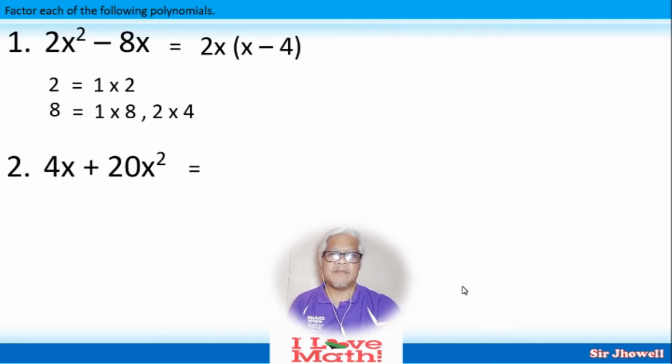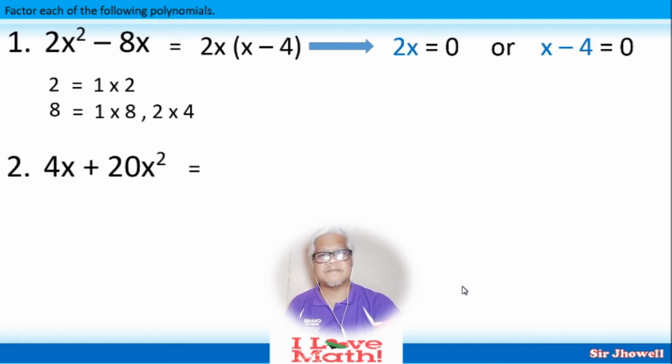Now, nakuha mo na yung factors. Ano ang mangyayari? So, therefore, ibig sabihin nun, separately, magiging 2x equals 0. Okay? And then the other is x minus 4 equals 0. So, dahil yun nga ang factors natin, i-equate na natin siya sa 0.